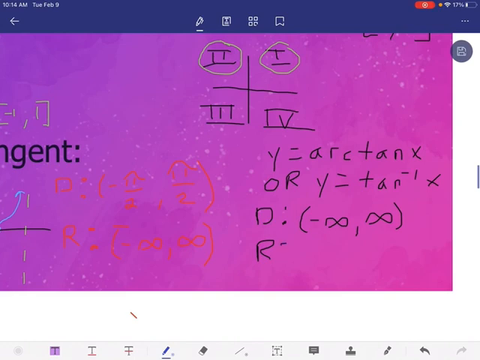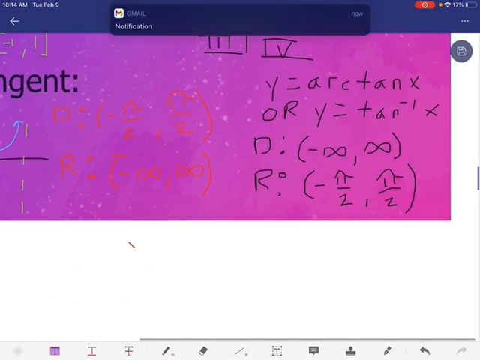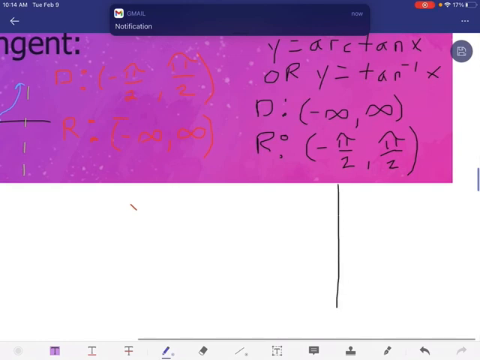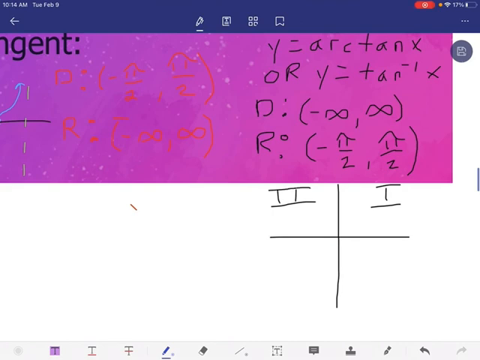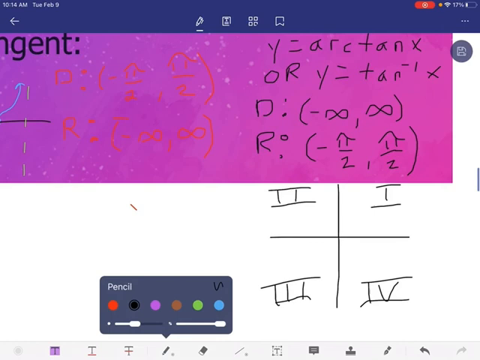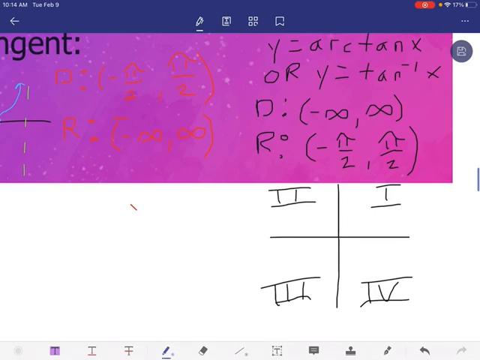And our range becomes -pi/2 to pi/2. And this time, notice that if we're looking at our angles, these would be in our first and fourth quadrant for our outputs.